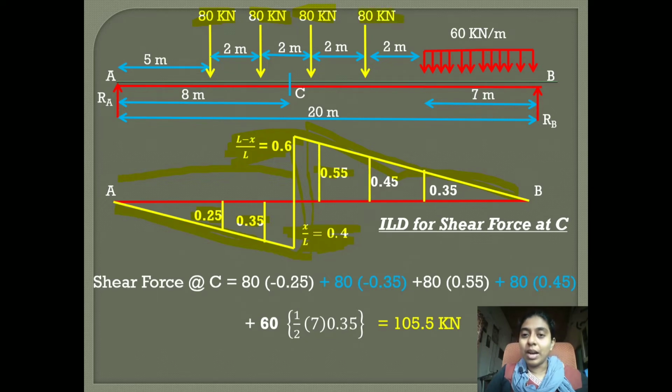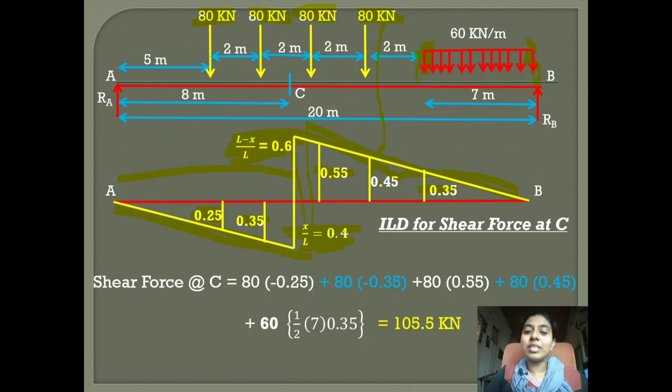Again, under this 80 kilonewton load, it is 0.45. We need the area under the UDL, so find the ordinate at the head and at the tail of the UDL. We get 0.35 and 0.